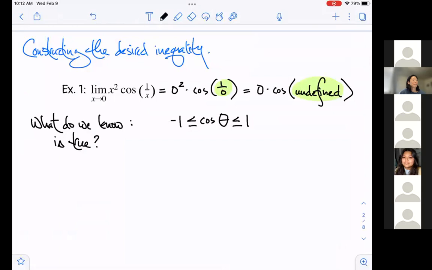Okay, so cosine of theta, no matter what theta is, theta can be anything you want it to be. Let me say that one more time. Theta can be anything you want it to be. But when I take the cosine of that value, it's going to be between -1 and 1 all of the time. Okay.